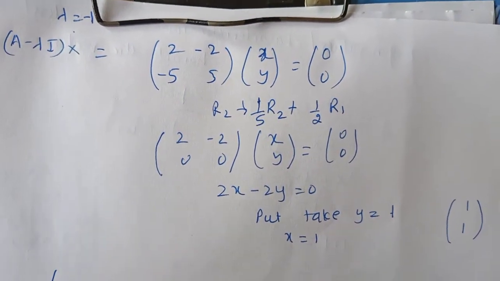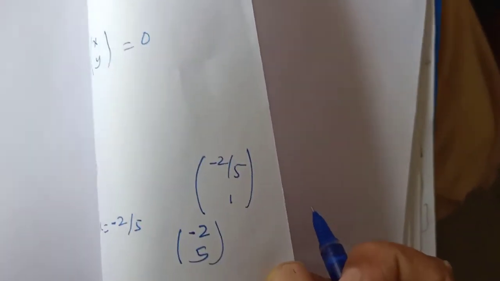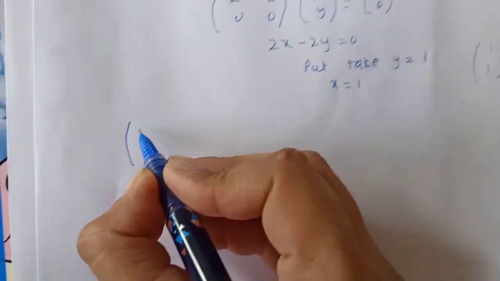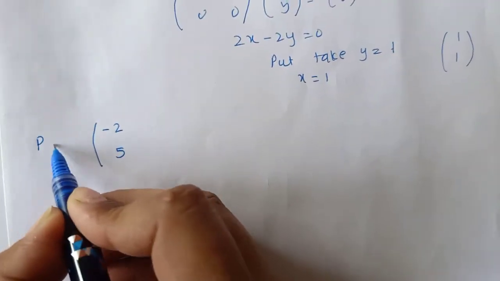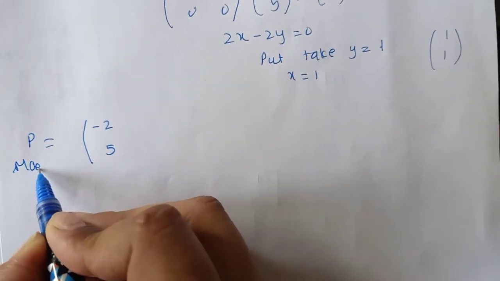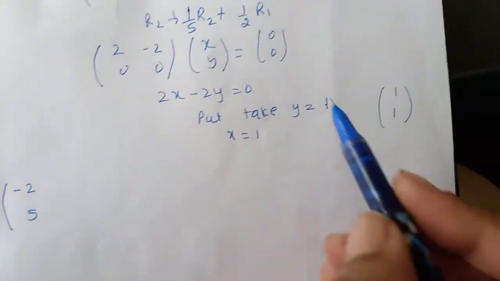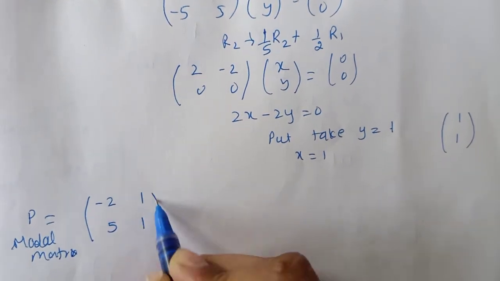Now recall the eigenvector corresponding to lambda = 6 was (-2, 5). So I am writing (-2, 5) here and calling this matrix P, which will be known as the modal matrix, and this eigenvector corresponding to -1 is here.